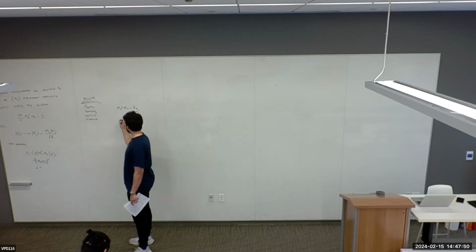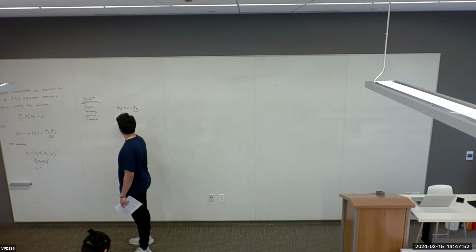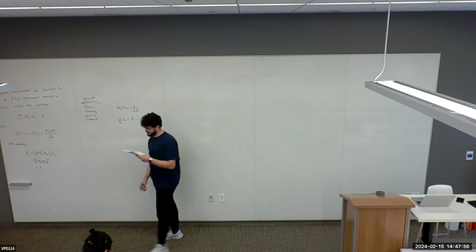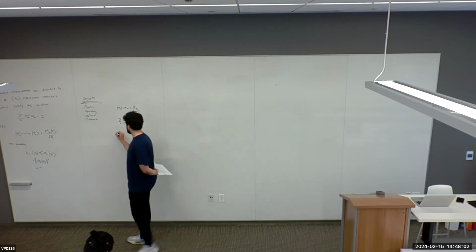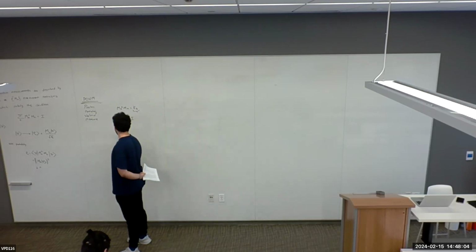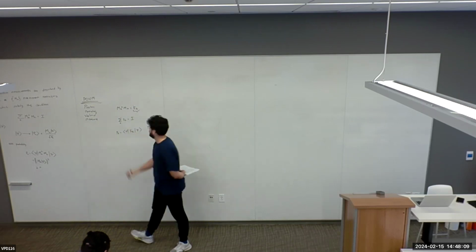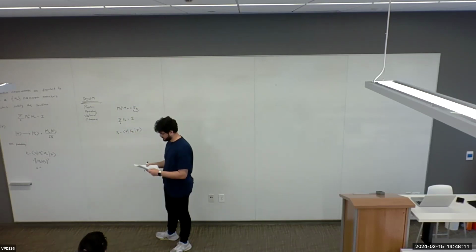Then our normalization condition becomes that the sum over k of EK should be identity. So the probability of getting the kth outcome would just be this in this case.